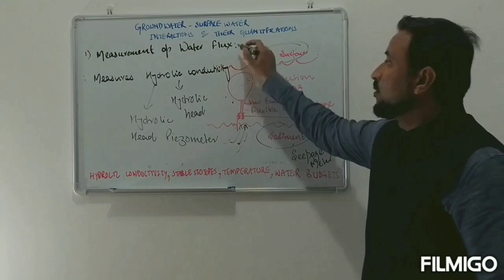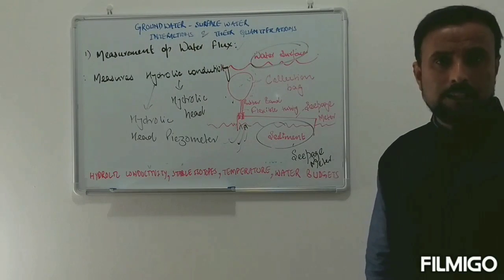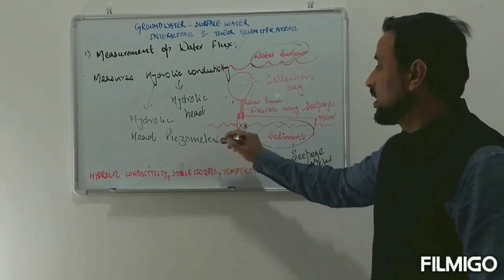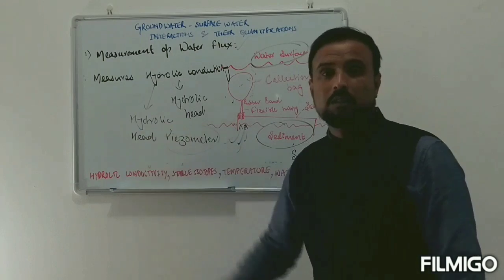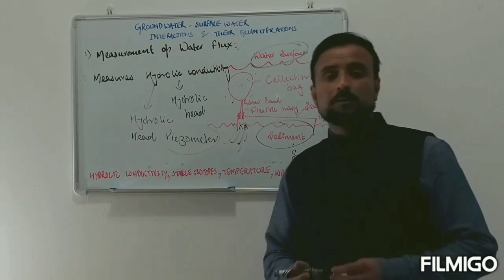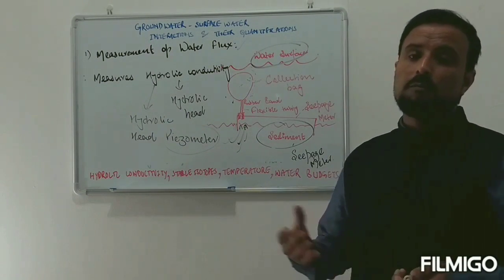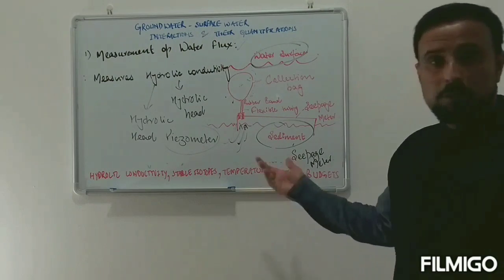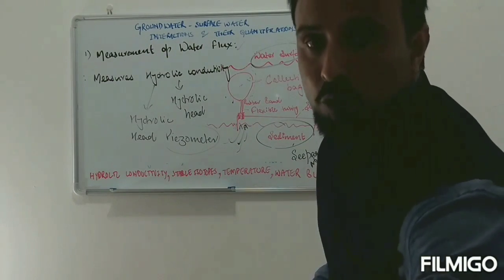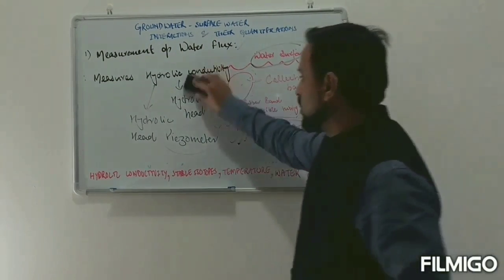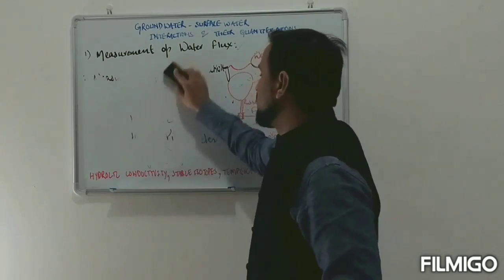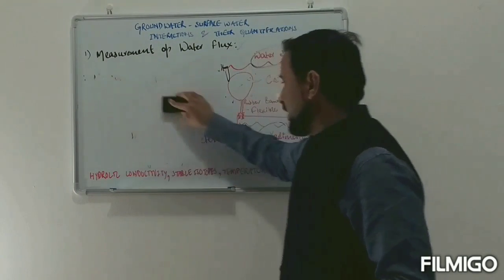This is the way water flux can be calculated, by a meter called a piezometer. This simplistic way of measuring water flux by piezometer is the easiest approach available. Now this piezometer approach is very effective.